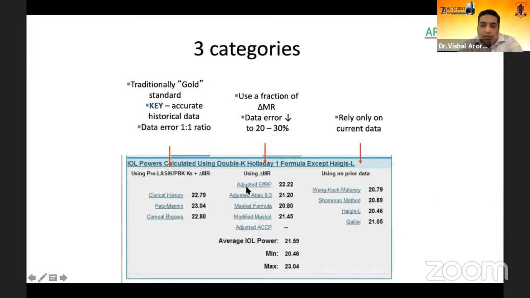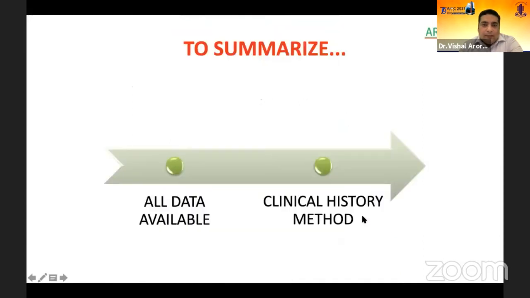Then if you have only the change in refraction when you have used the formulas, or if you have no prior data, so nowadays we only have this most commonly, and in this I usually go by Sharma's method. And if I have a clinical history, if they give me a scan before the LASIK, which I have only received in one, and at that time it was only Placido based, so I couldn't do anything. So most commonly in practical aspect, I think Sharma's or Hagis is what is being used for us.